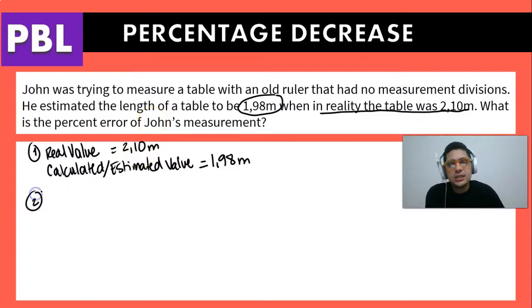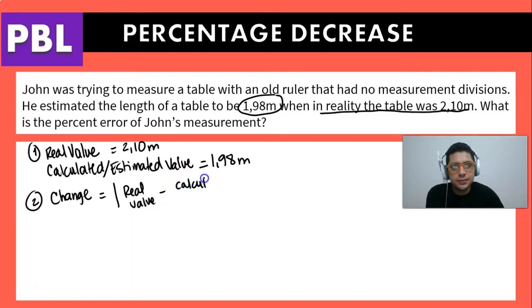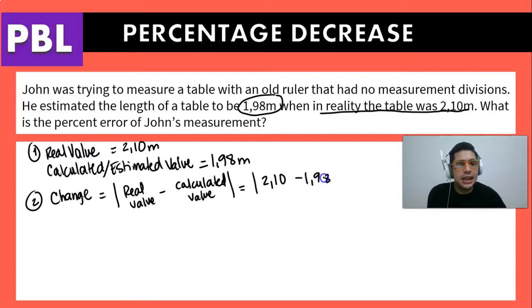So remember, guys, the second step is to actually find the change, which is going to be the absolute value of the real value minus the calculated value. So in this case, it was 2.10 minus 1.98.